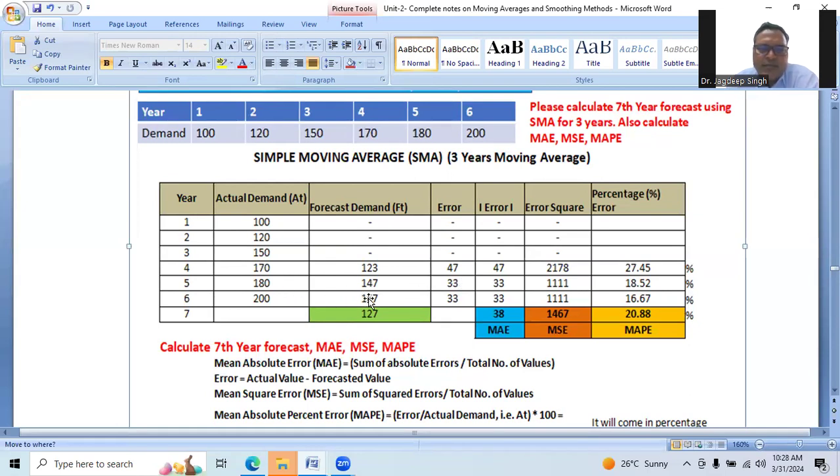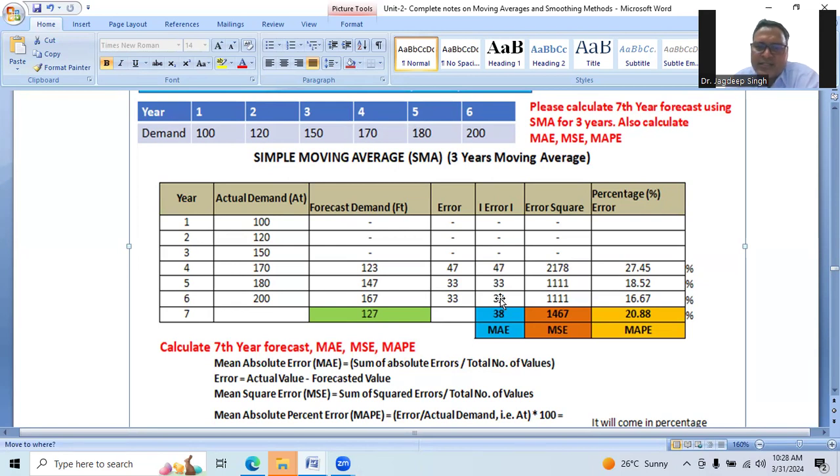And 200 minus 167 becomes 33. So this is the error. There is no negative here. These values are positive, so absolute values will also be positive automatically. If by any chance there had been minus 47 or minus 33, we would have taken the positive values only. That is the absolute error, right?